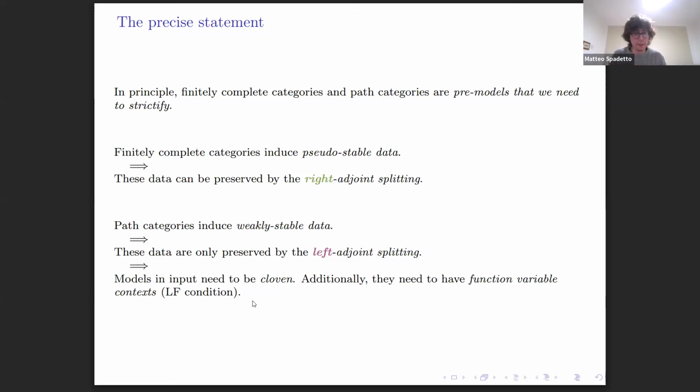So these function variables are not really typed by pi types. They are just a structural part of the type theory. They're just additional contexts, not additional types, additional contexts that we allow our internal type theory to have. This is called the LF condition.